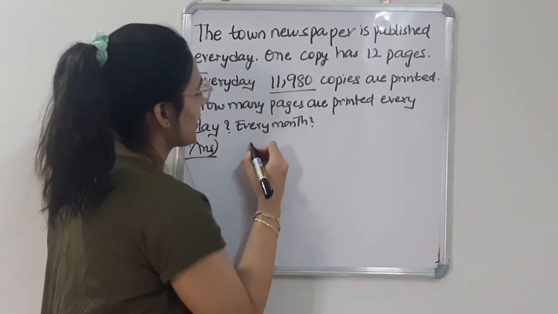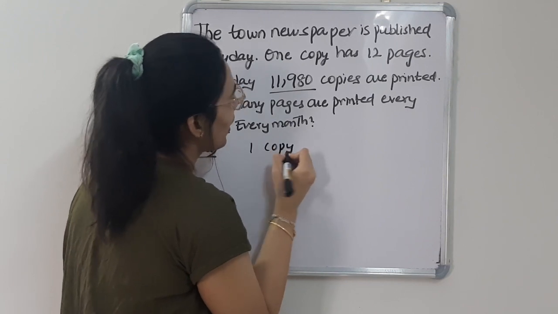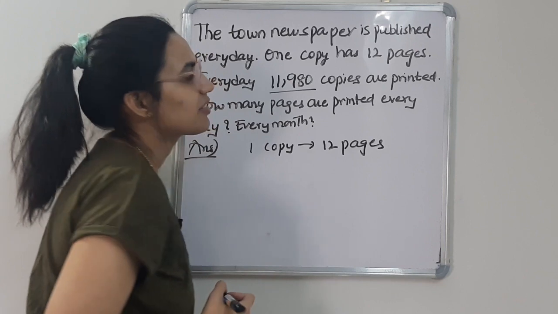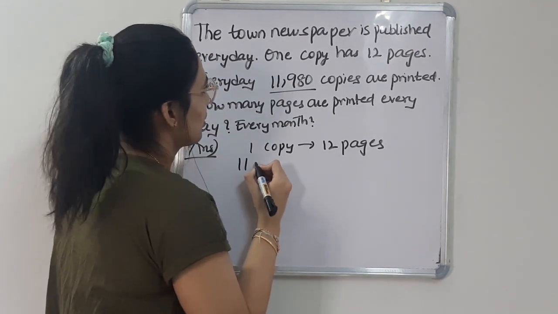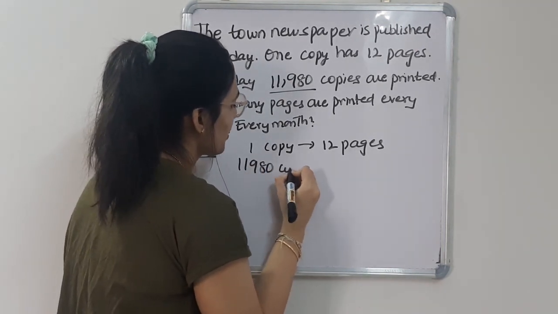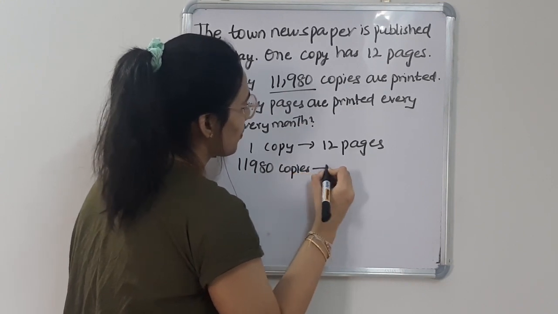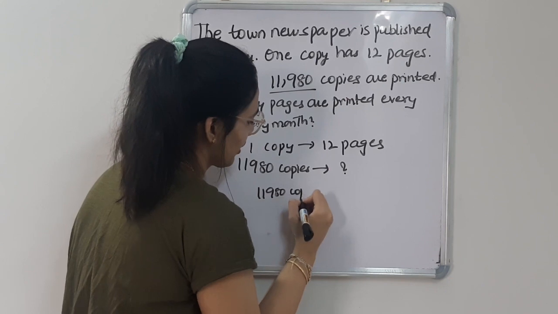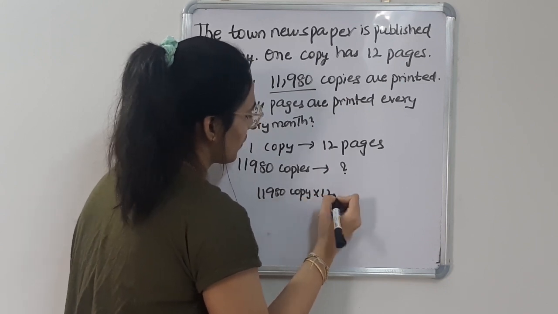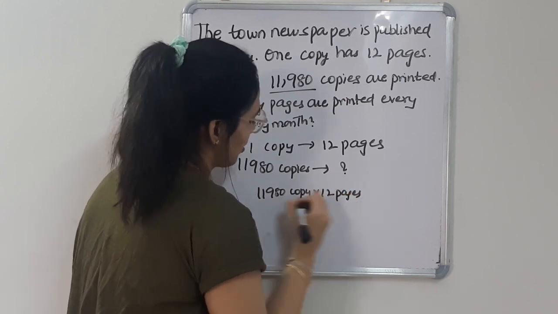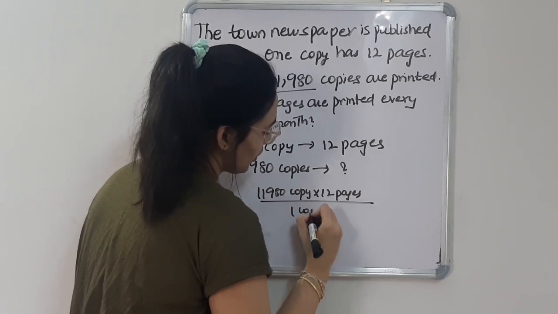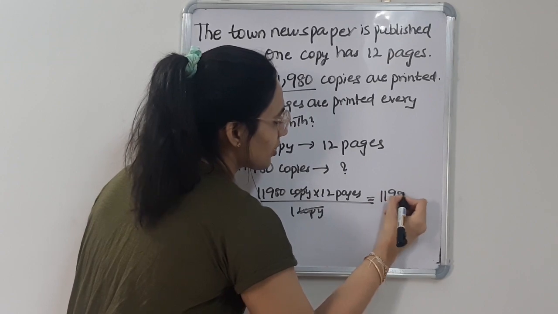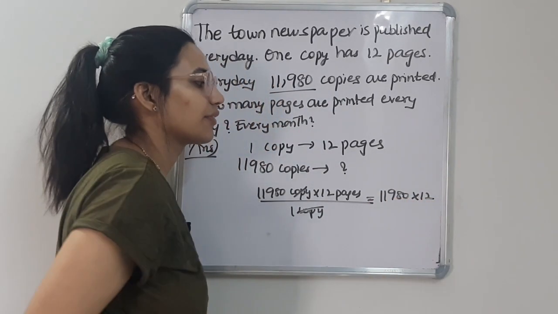Now, here he said that one copy will have 12 pages. Now, how many pages will 11980 copies have? That is 11980 into 12 pages by 1 copy, right? That is nothing but 11980 into 12.